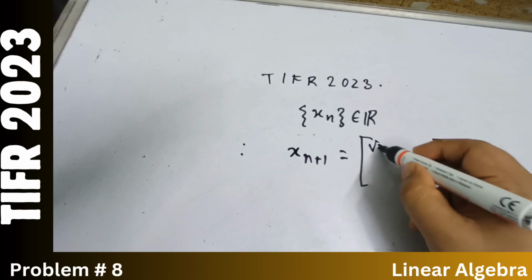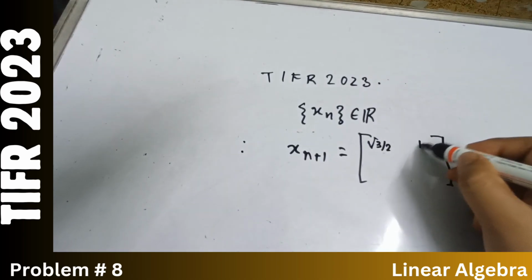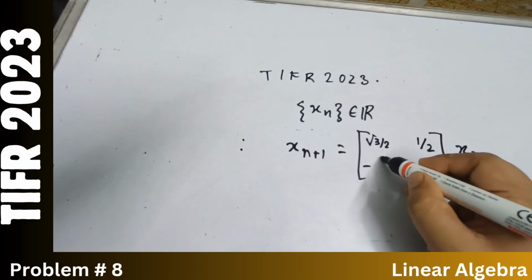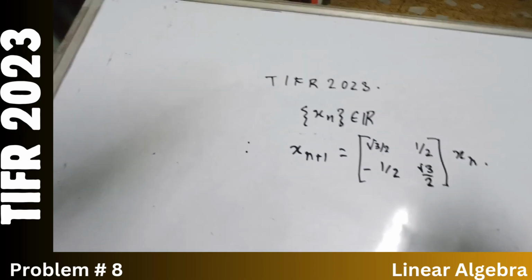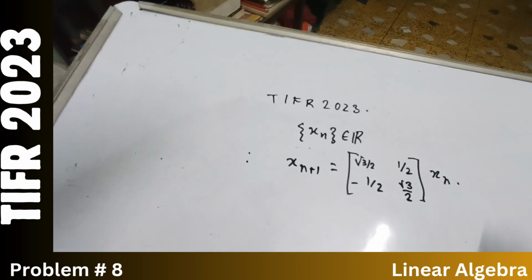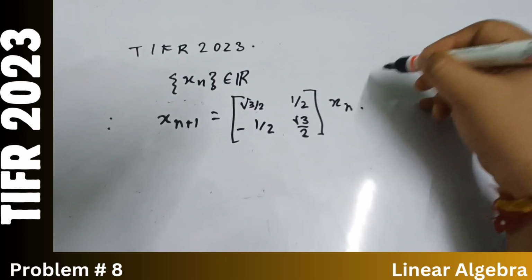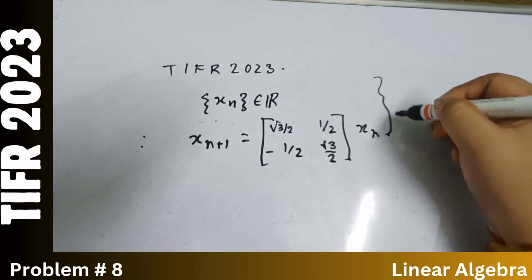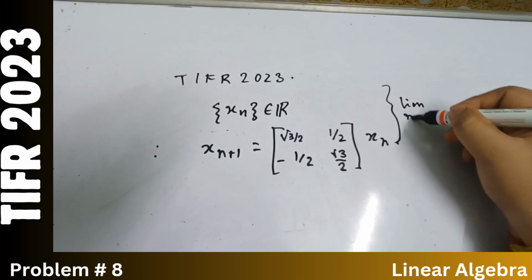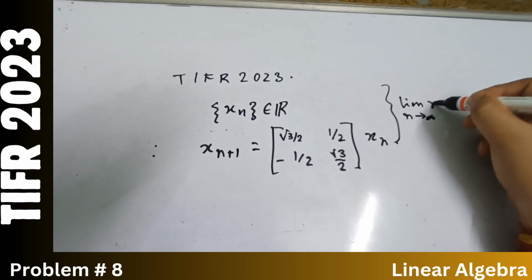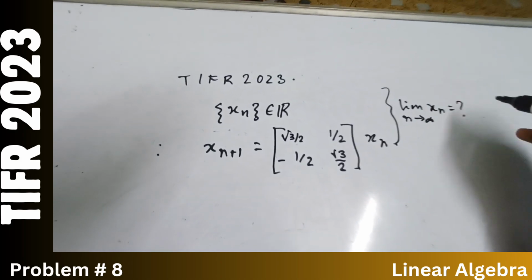The matrix looks like root 3 by 2, half, minus half, and again root 3 by 2. We are curious about finding, if this is the condition, what the limit as n goes to infinity of xn will be.